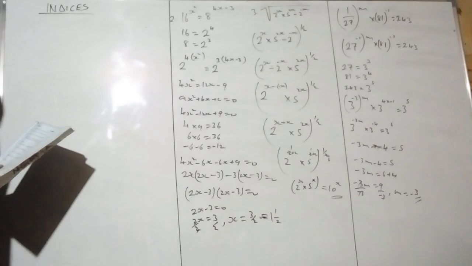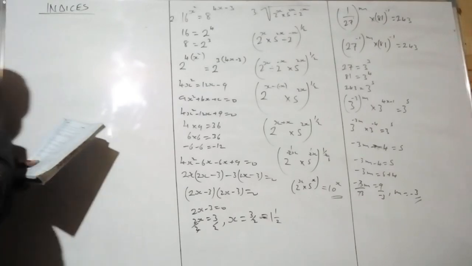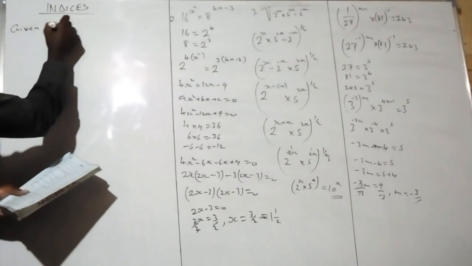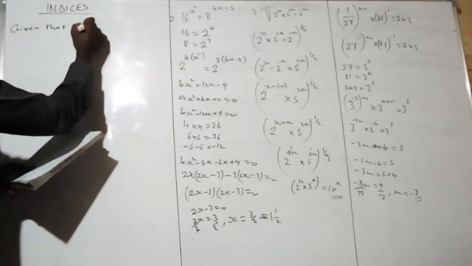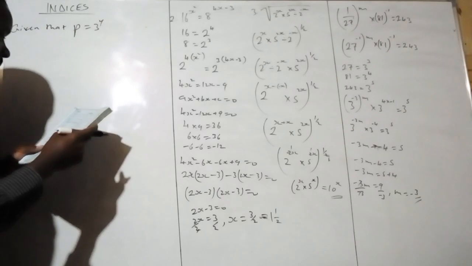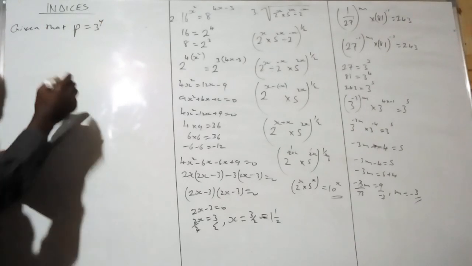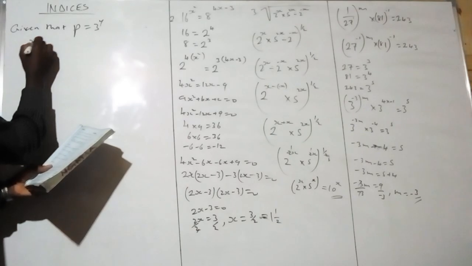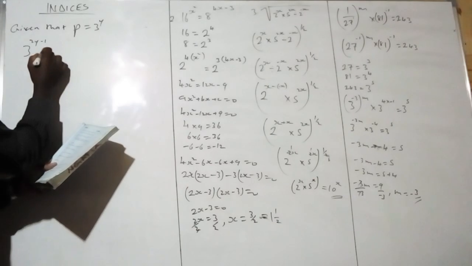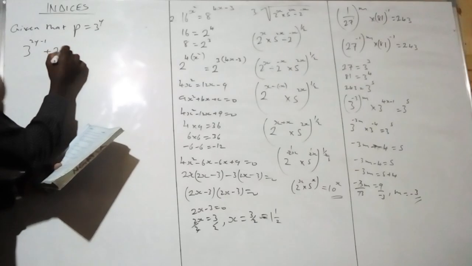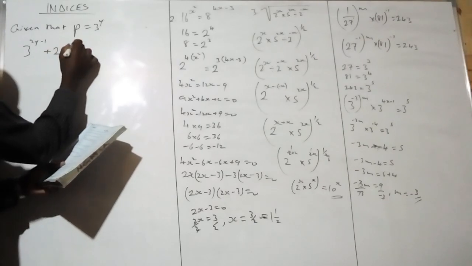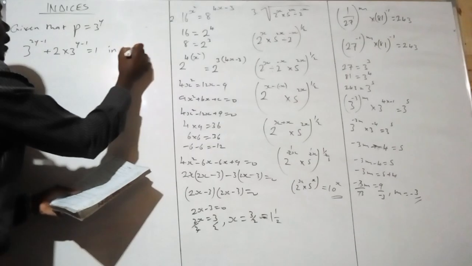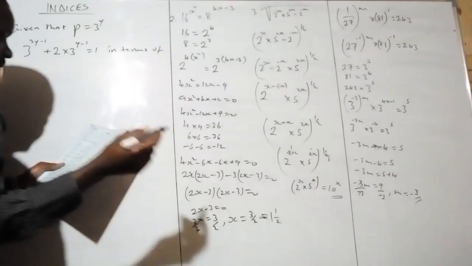Let's proceed, still on indices. Next, we are told that given that P is equal to 3^y, express the equation 3 raised to power 2y minus 1, plus 2 times 3 raised to power y minus 1, is equal to 1, in terms of P. Good.